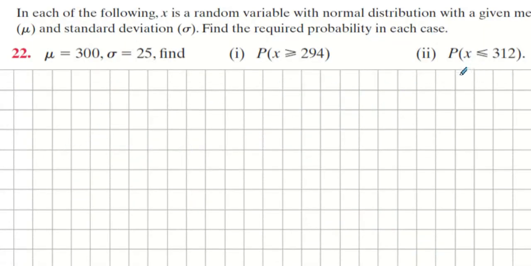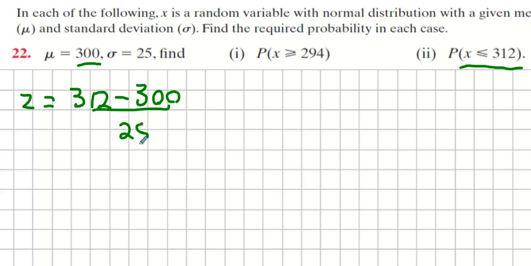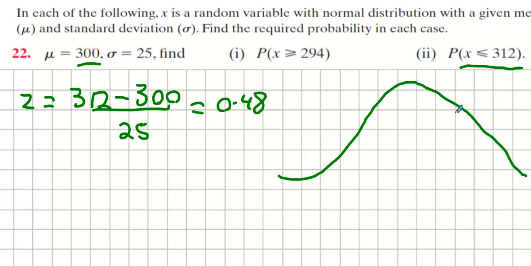We're bigger than average, aren't we? How do we know we're bigger than the average? Bigger than 300, yeah? So your z-score is going to be 312 take away 300 divided by 25. Who got 0.48 for that? Happy enough. And then throw it in, and 0.48 is bigger than the average, so it's going to be to the right of the center.